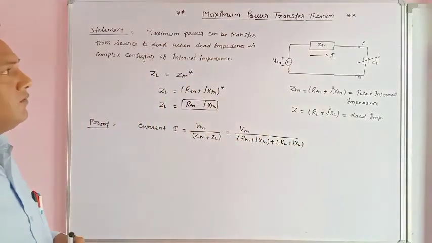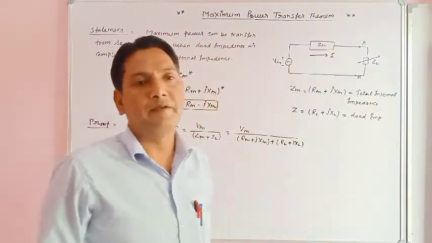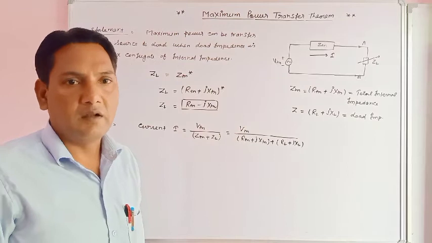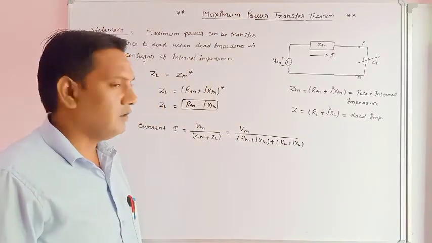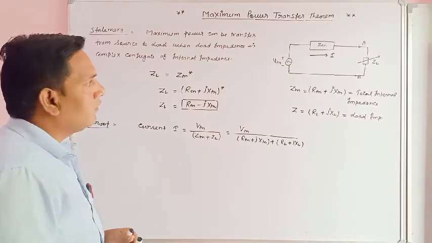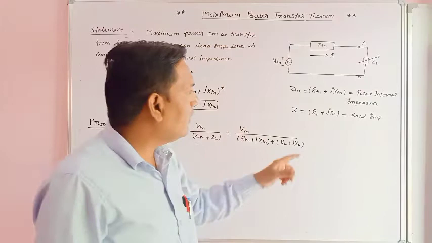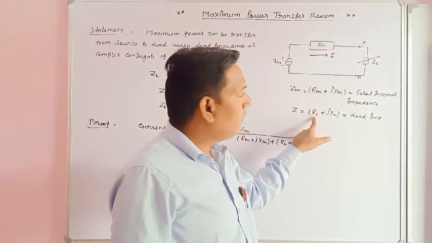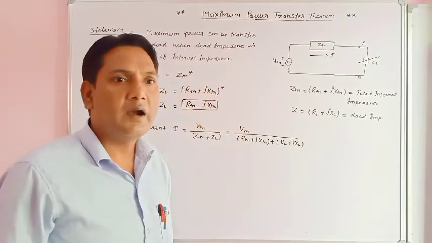Now, as we know, the real power transferred from this source to the load is a real value. It is not a vector or an imaginary quantity. The power is consumed only by the real quantity, that is in RL, not in XL. So we have to calculate only the active component of power.